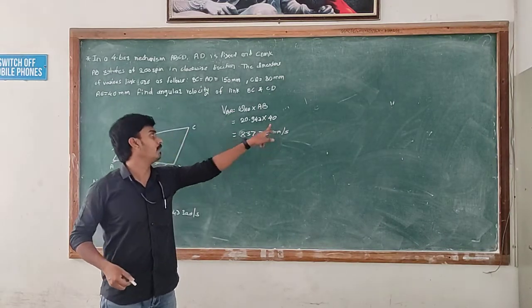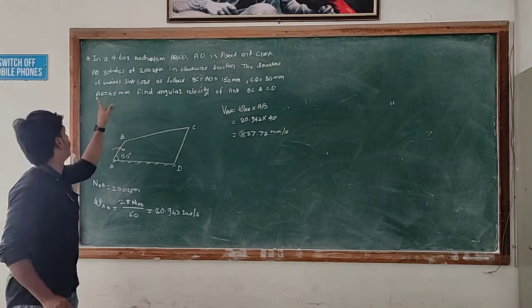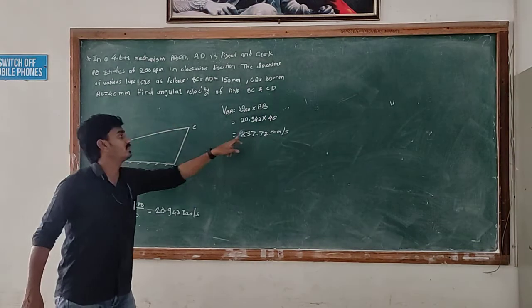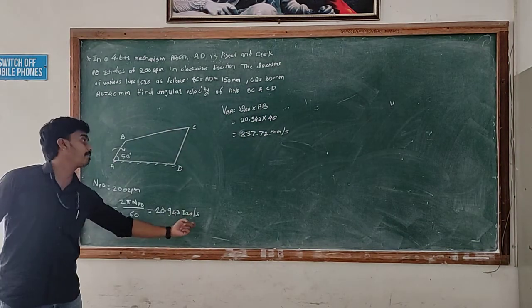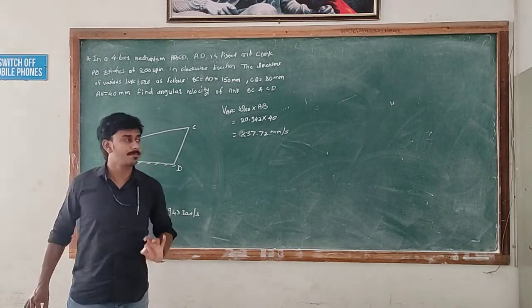Why mm per second? Because the length of AB is 40 mm, so it is mm, and omega is in radian per second.